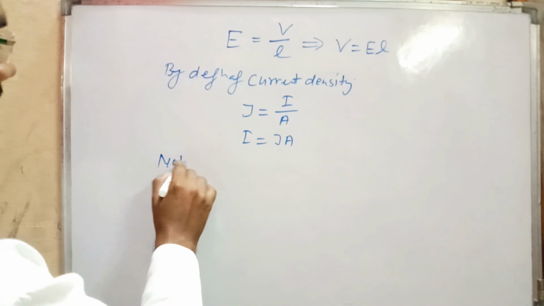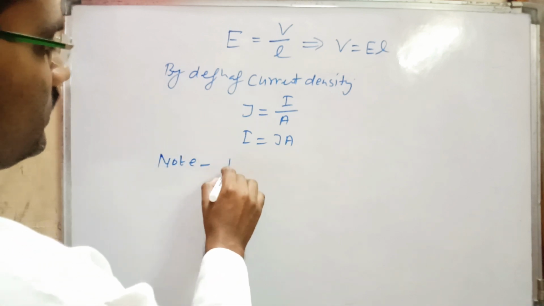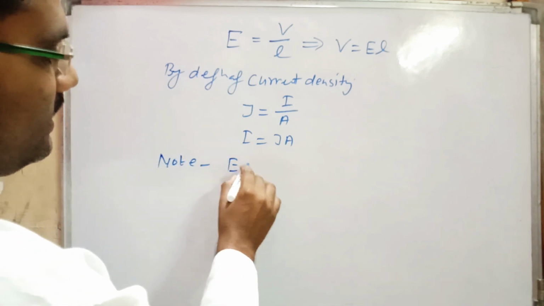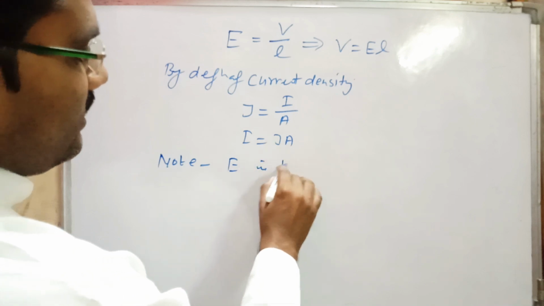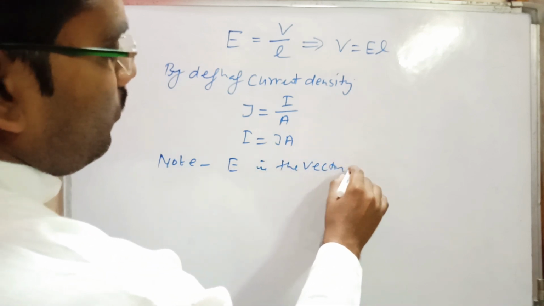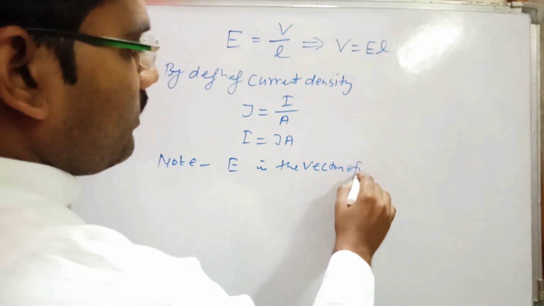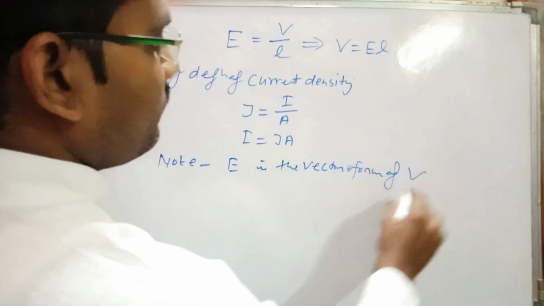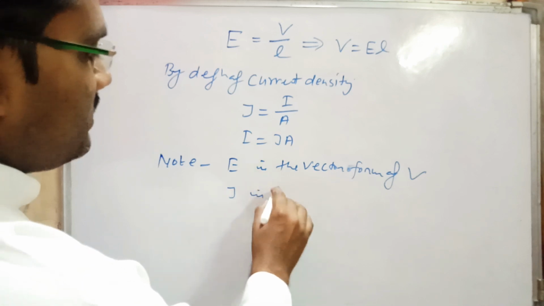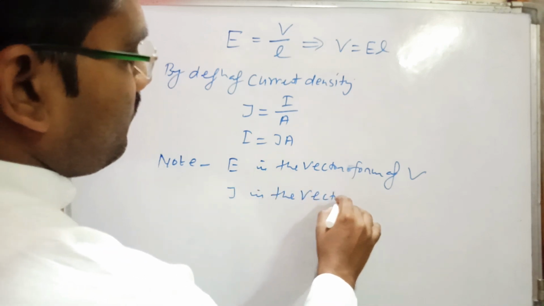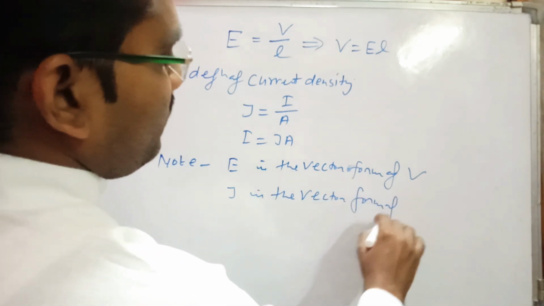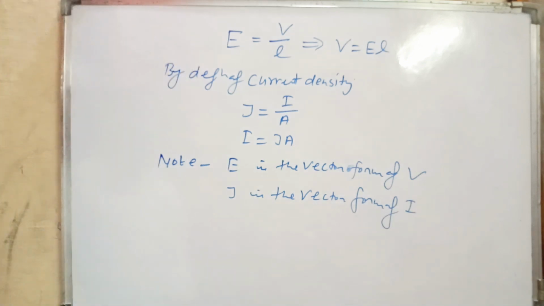Note that E, the electric field intensity, is the vector form of V, and J is the vector form of I.